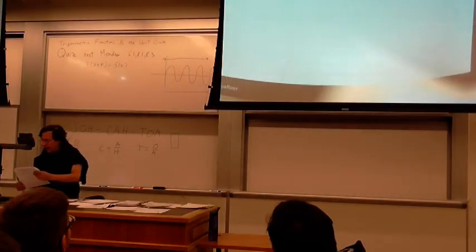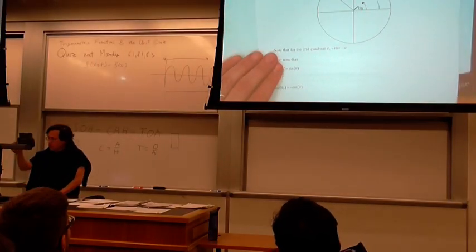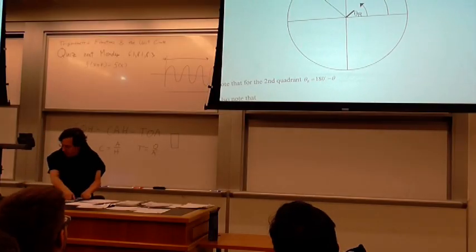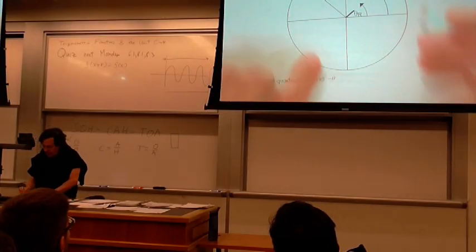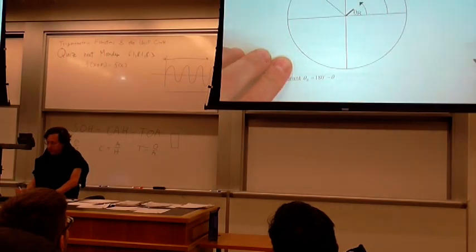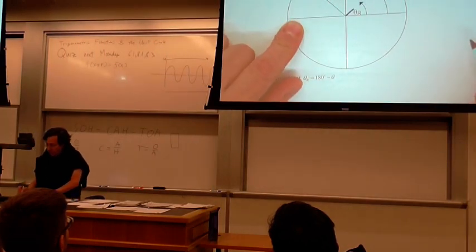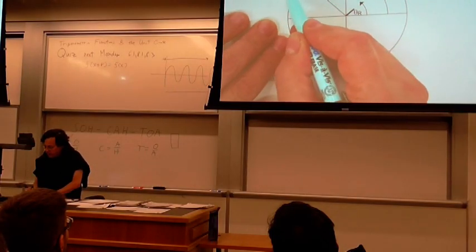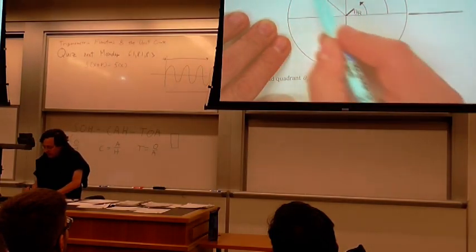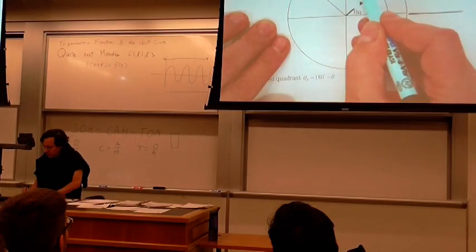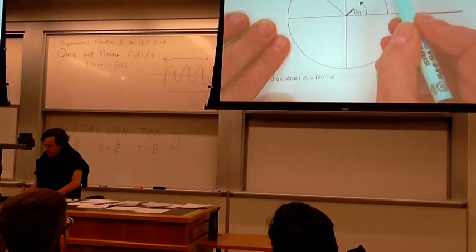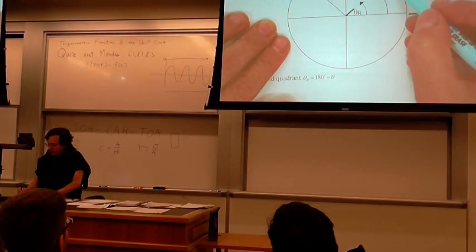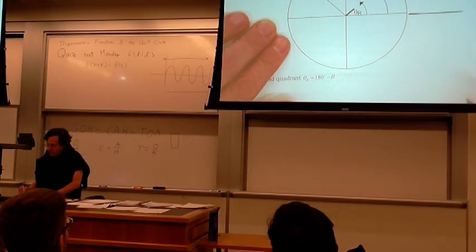Let's take a look at an angle in the second quadrant. Here we have an angle theta in the second quadrant, and what we do is we take a line parallel to the x-axis, draw it through that point, and see where it intersects the circle in the first quadrant.